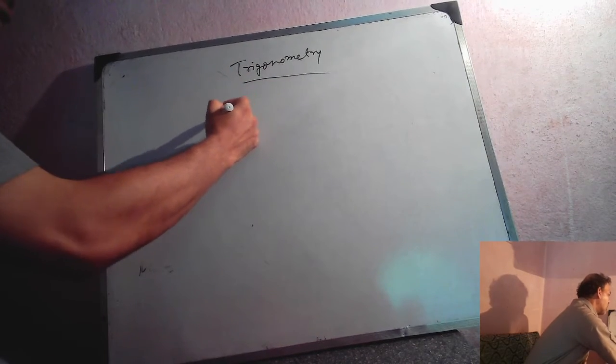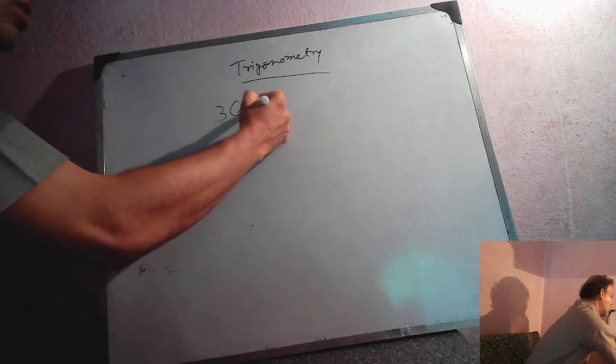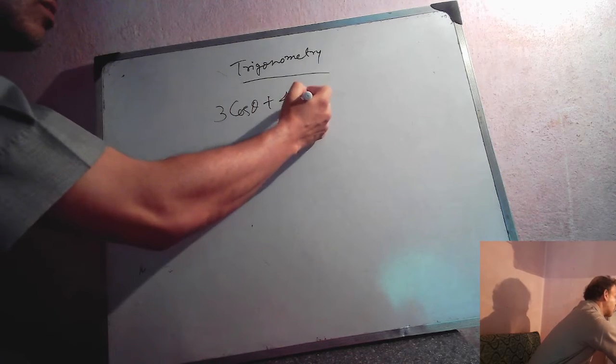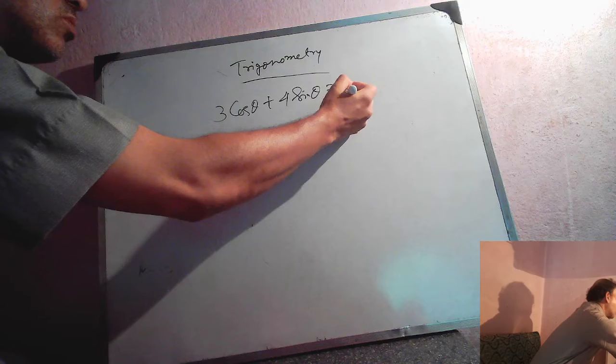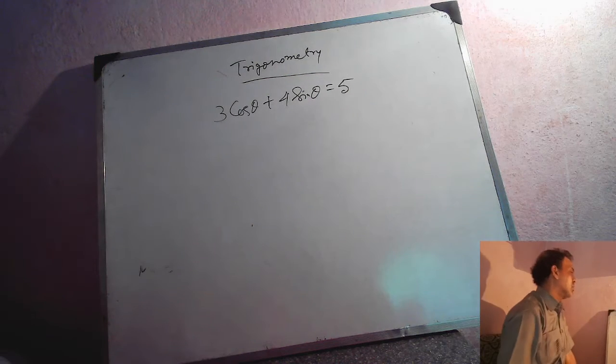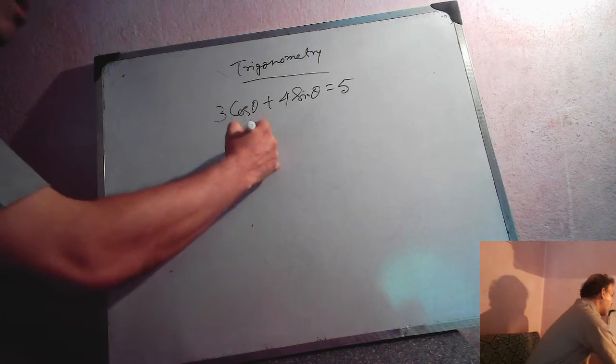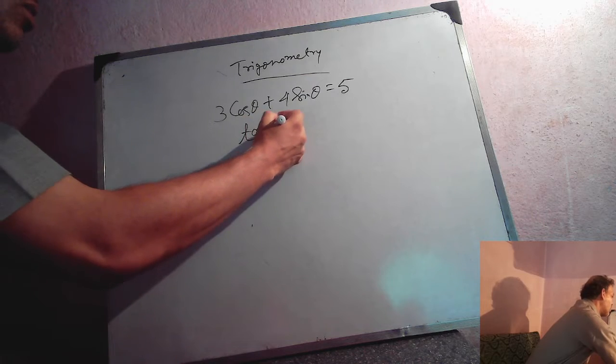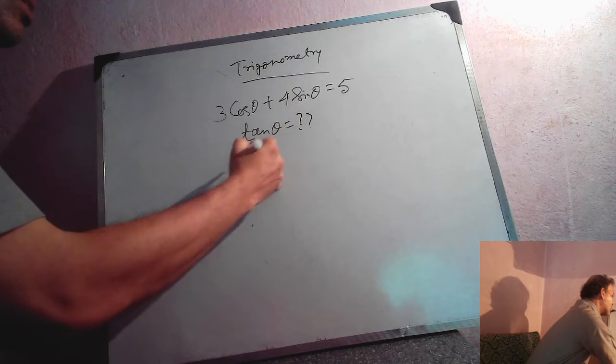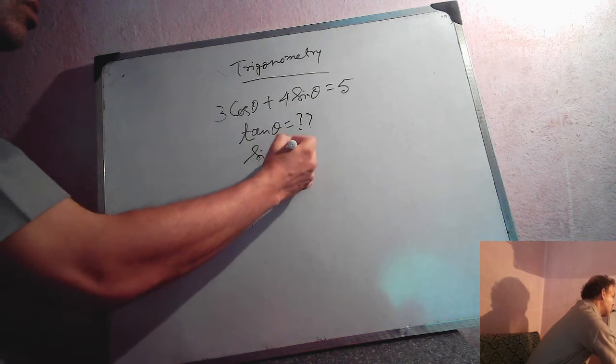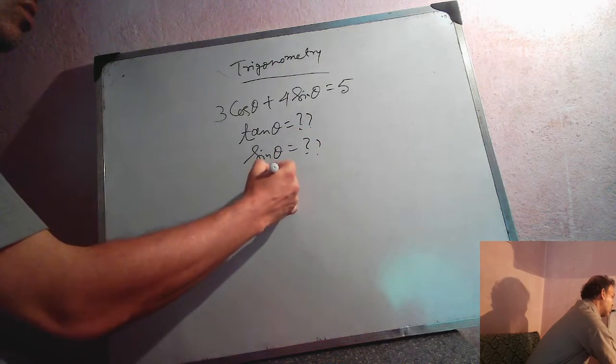Suppose 3 cos theta plus 4 sin theta equals 5 is given. What will be the value of tan theta, sin theta, cos theta?